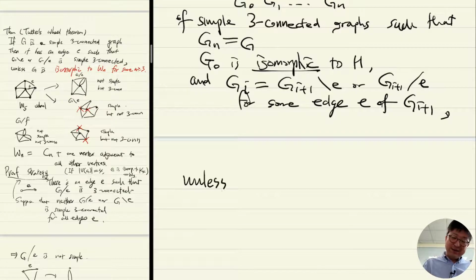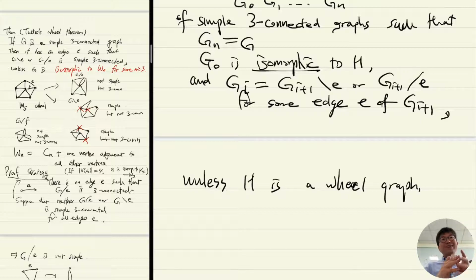So unless H is a wheel graph. If H is a wheel graph and if it's the largest wheel minor, then it's true.